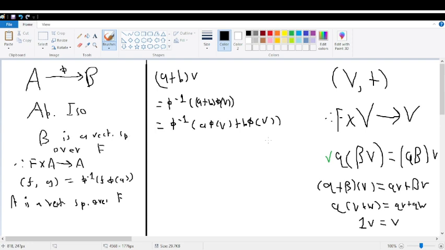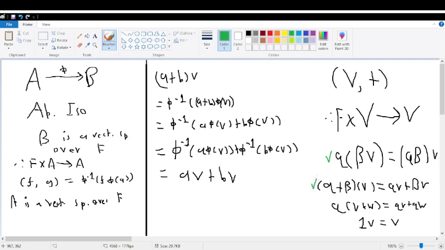And this is where we have to use the fact that we have an isomorphism. Because the homomorphism is equal to phi to the negative 1 of a phi of v plus phi to the negative 1 of b phi of v, which is equal to av plus bv. So we have that this right here, check that off.